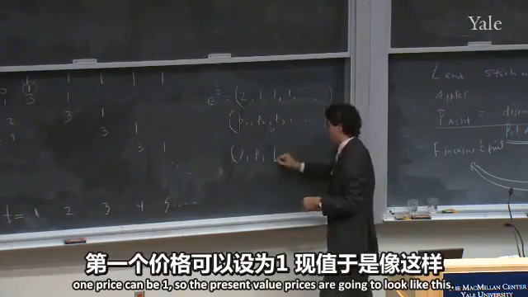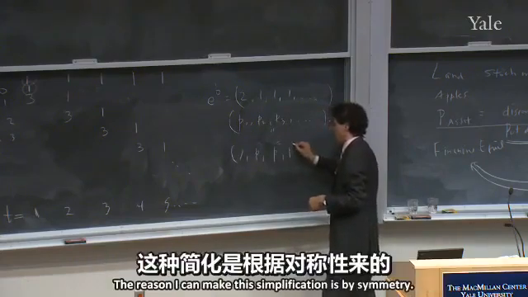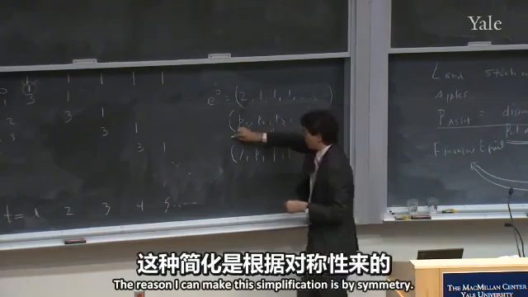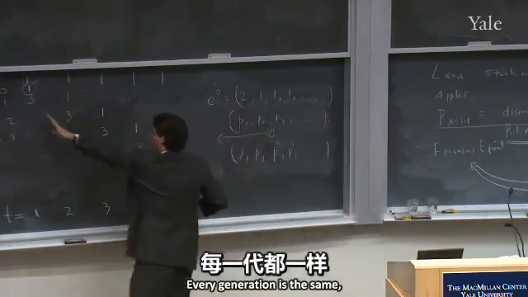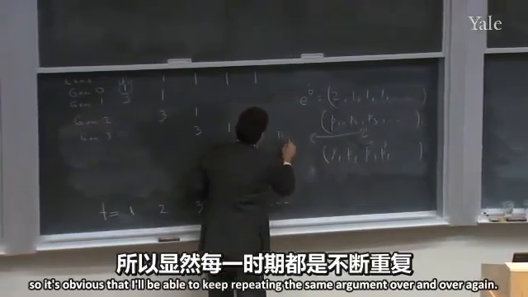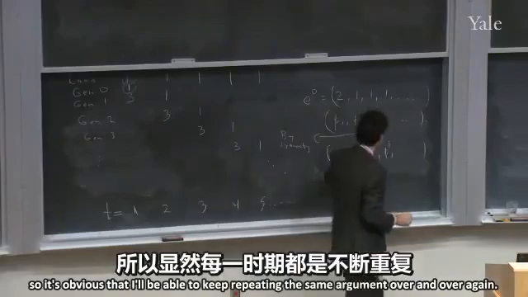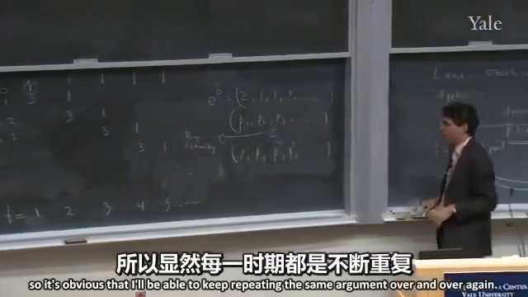So the present value prices are going to look like this. The reason I can make this simplification is by symmetry. Every generation is the same, so it's obvious that I'll be able to keep repeating the same argument over and over again.